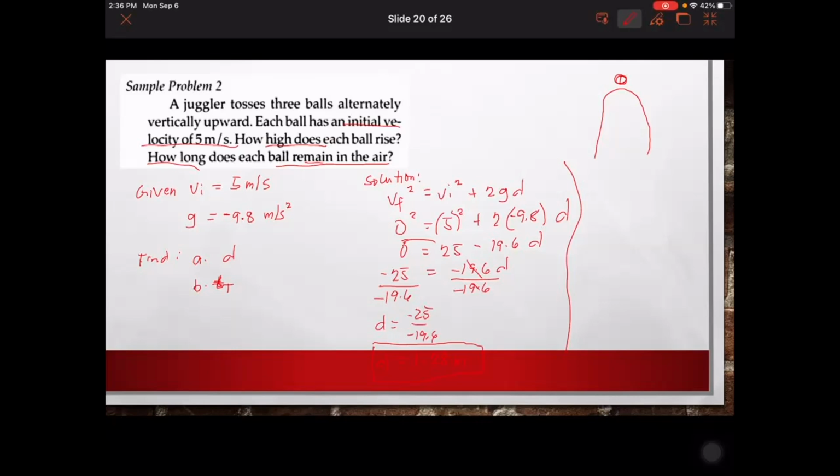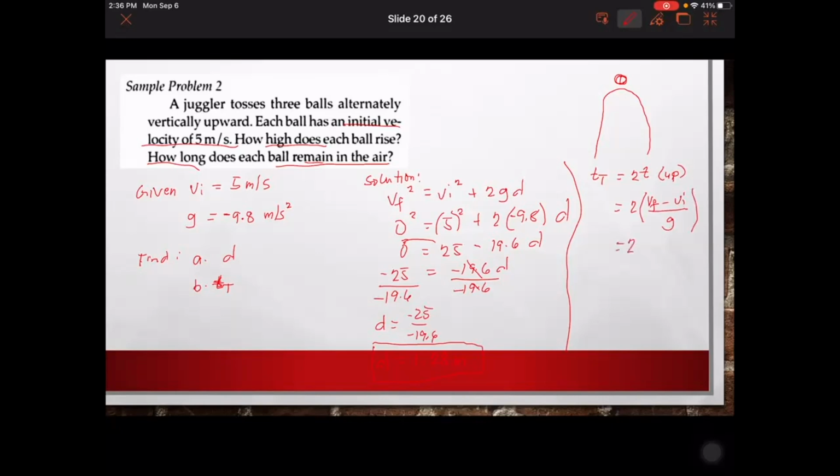T sub T or total flight is equal to 2 times (Vf minus Vi) over g.